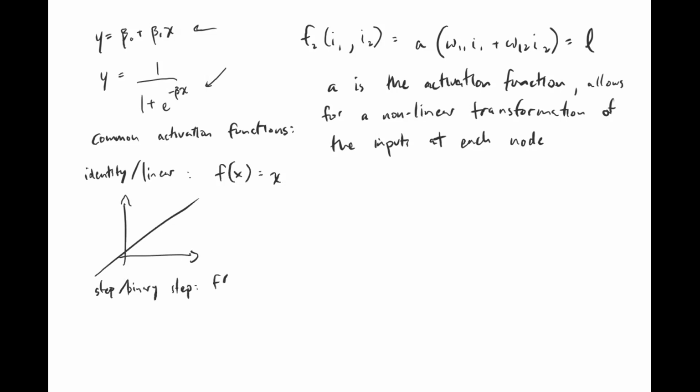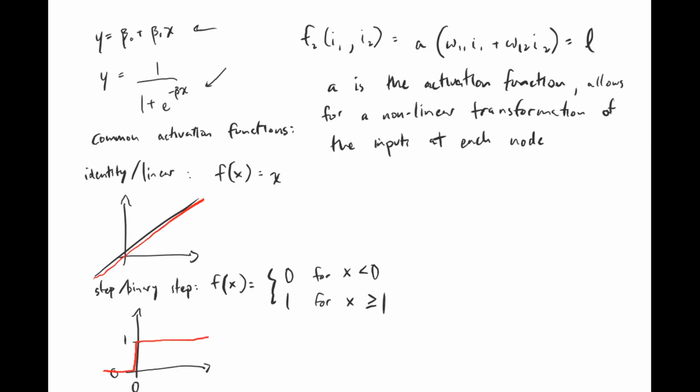And so this is f of x is equal to 0 for x is less than 0, and 1 for x is greater than or equal to 1. So this would look something like this. You would have, let me actually draw these in red. So it would look like this.